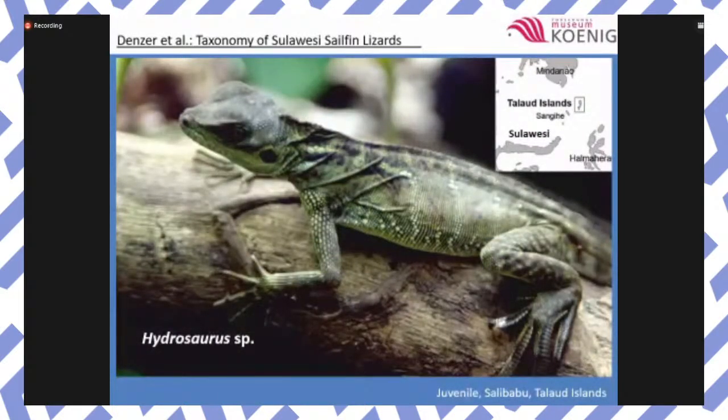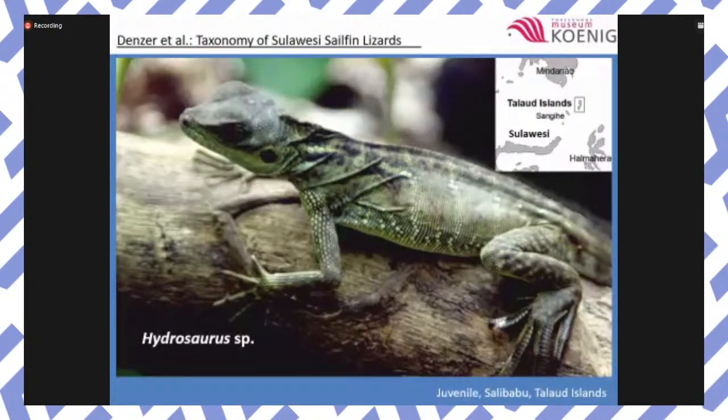But there are still some open questions, not just in relation to the hybrids on Sulawesi itself, but for instance, here is a picture of a specimen which we found on the Talaut Islands in the very north of Sulawesi, which is located between the Philippines, the Minahasa, Halmahera and the Moluccas. So it's not clear to which species this island population belongs.